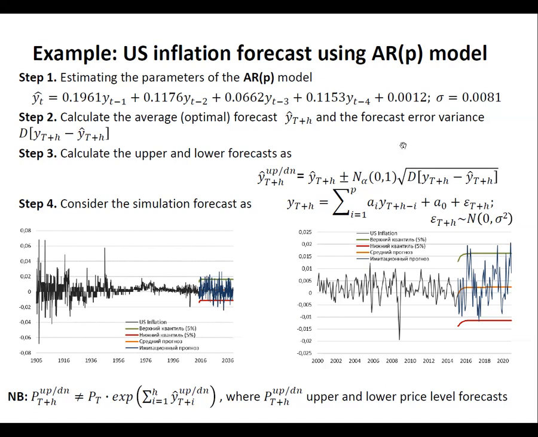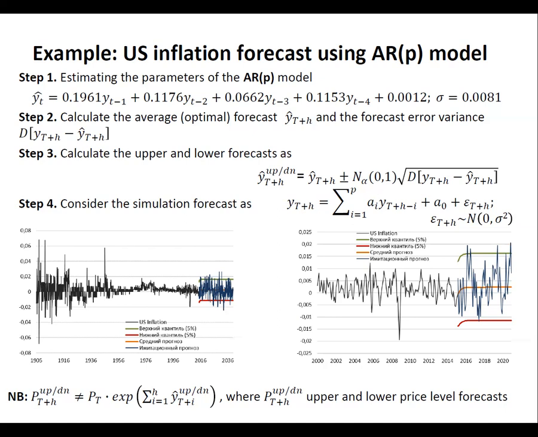Also, the variance of the forecast error we calculate through the epsilon variance and through the autoregression coefficients according to the formula. At step 3, we use the error variance to calculate the upper and lower forecast. That is, we have the property that the forecast error has a normal distribution because it is formed as a result of the sum of normal values.